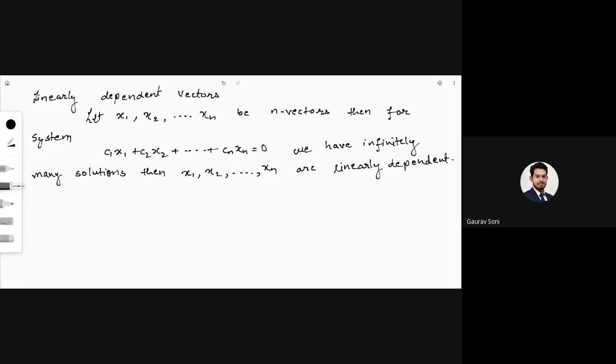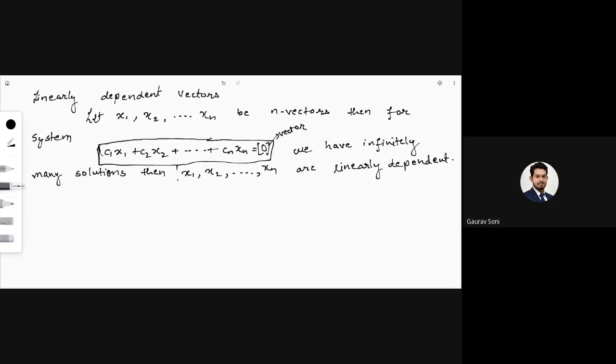So if I want to check whether the vectors x1, x2 up to xn are linearly dependent, I will start with this expression, C1 x1 plus C2 x2, C3 x3 up to Cn xn, and equate it to the zero vector. This is not just zero, this is a zero vector. And I will solve this.